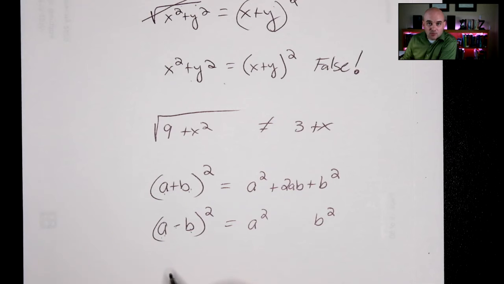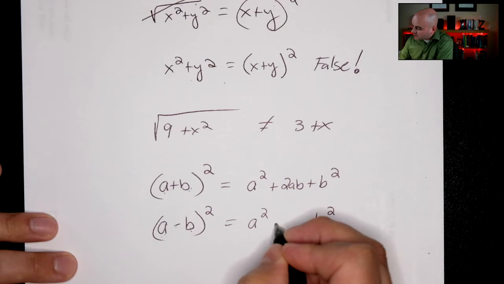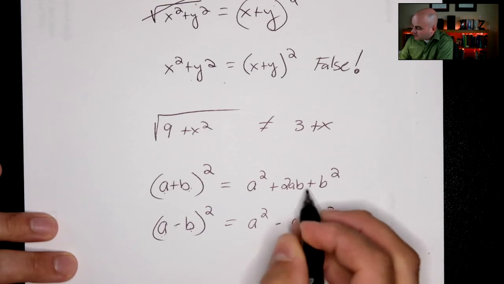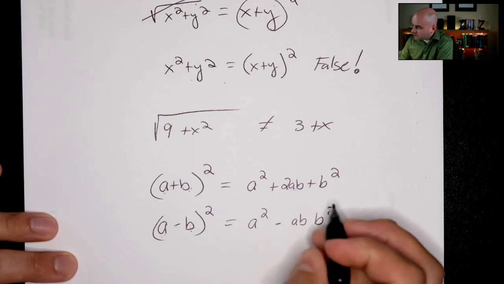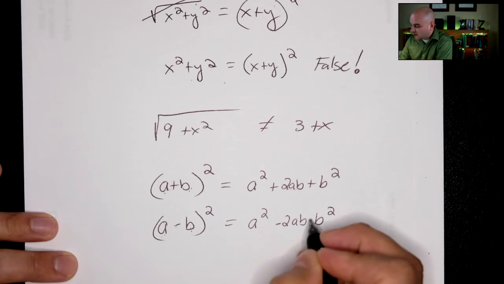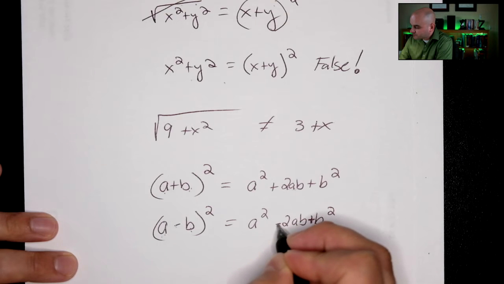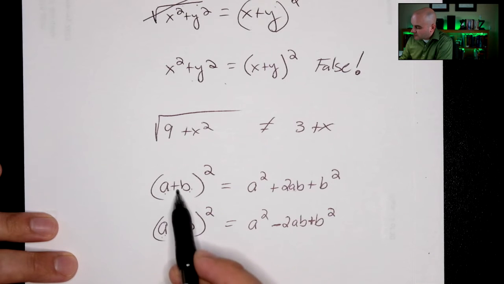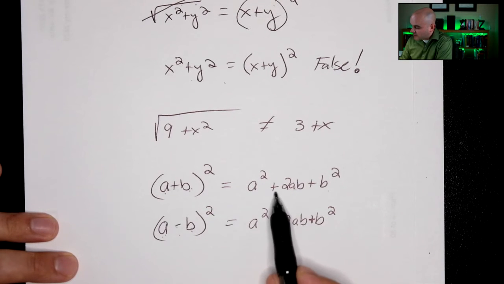So when you take the product of them, you're going to say negative b times a is negative ab, and then just like we did up here, you need to double it. So you get negative 2ab. And so the only difference between these two when we write them out is that middle term's sign, all right? The one up top is positive, and the one down below is negative, okay?